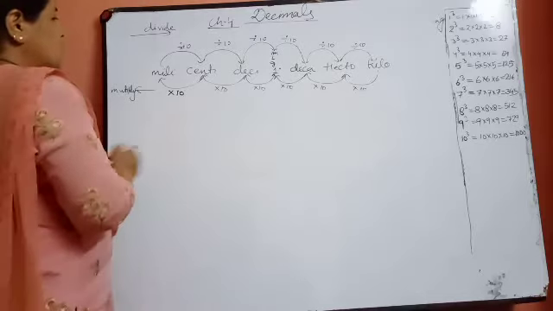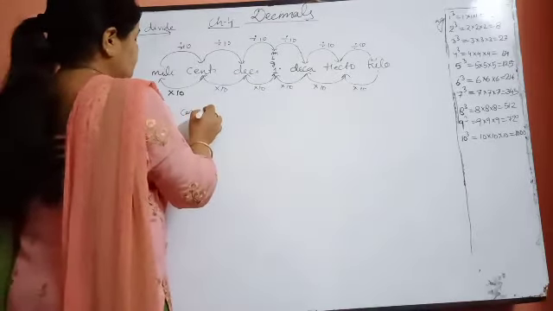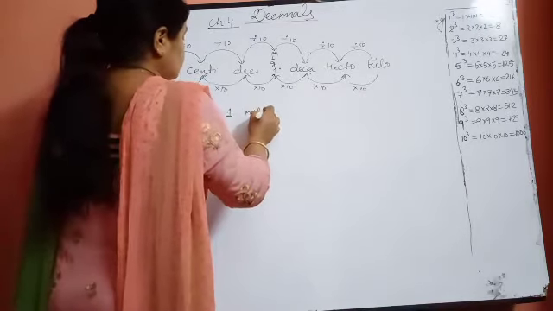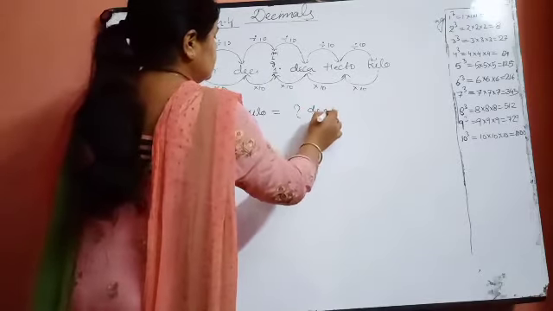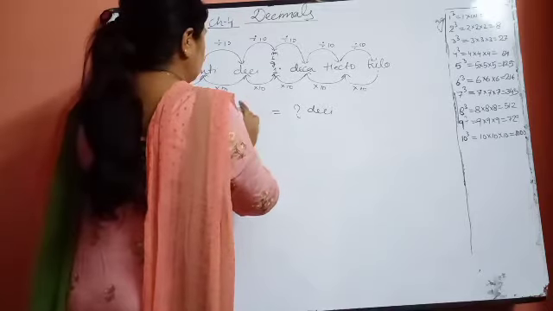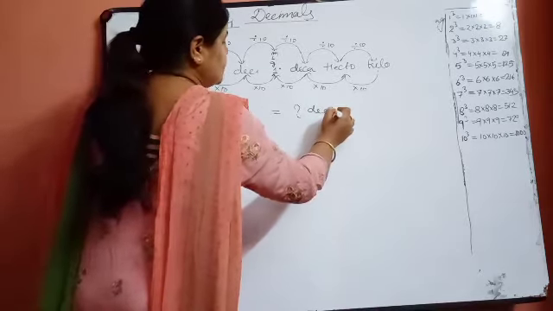I am just writing: convert 1 kilometer is equal to how many decimeter.